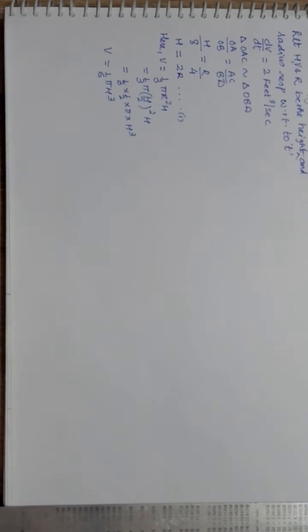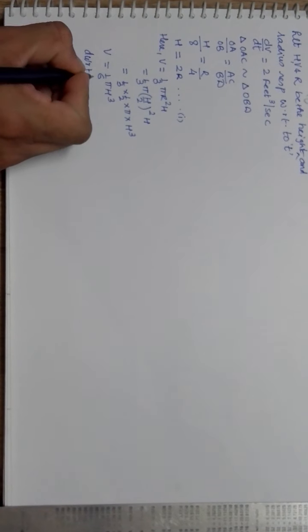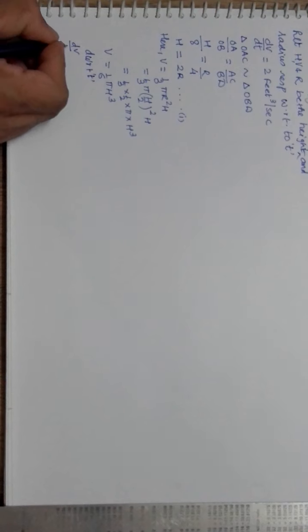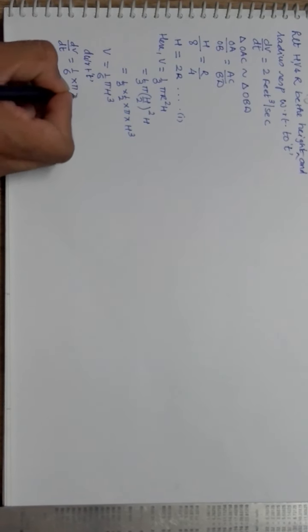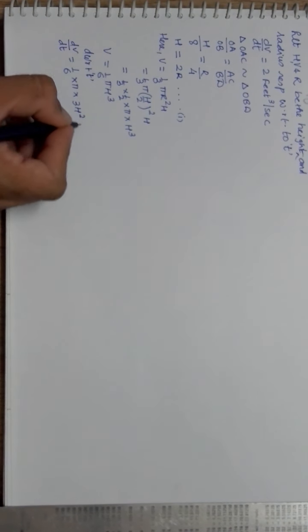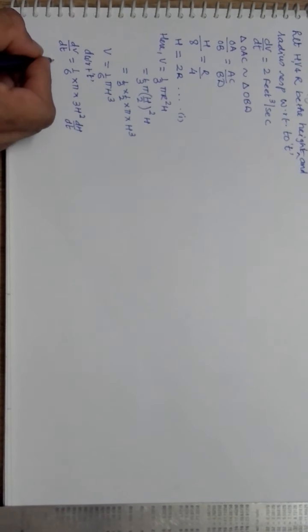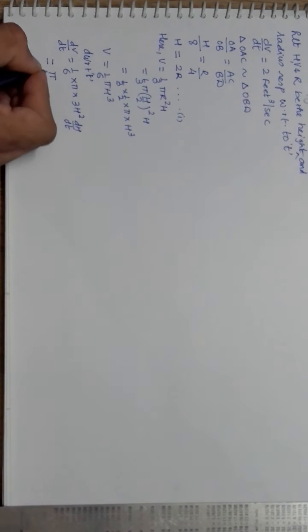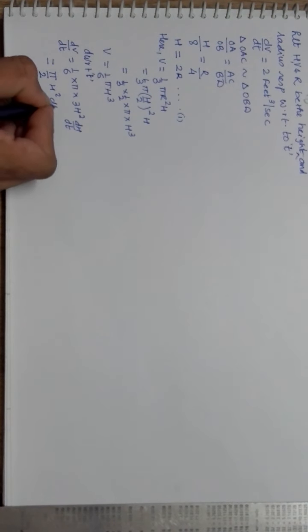Now you want rate of change, that means you will differentiate with respect to t. So differentiating with respect to t, you get dV by dt is equal to 1/6 into pi into 3H square dH by dt. So the final line you get is pi by 2 H square dH by dt.